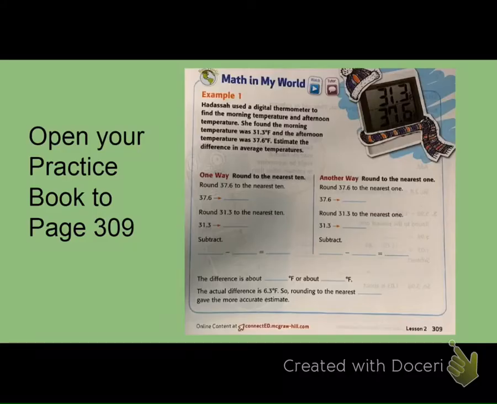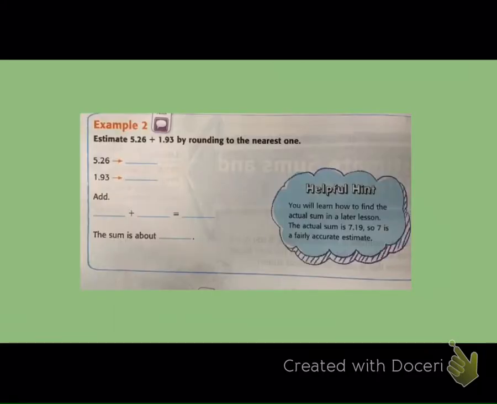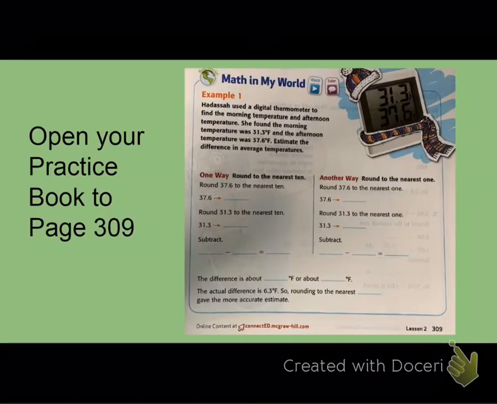She found the morning temperature was 31 and 3/10. Whoops, I forgot to grab my pen there, didn't I? Alright, sorry about that. I hit the wrong button there. So what I was saying is, we know that this temperature is the temperature in the morning, and the afternoon temperature is 37 and 6/10.